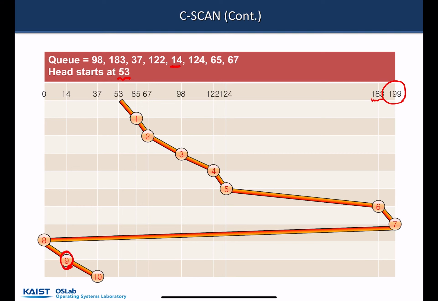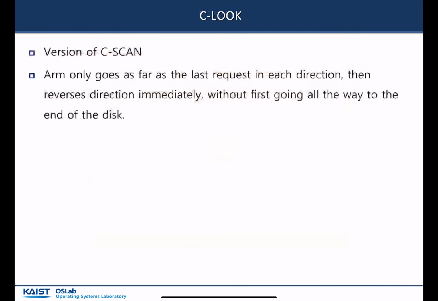However, the head goes all the way back to the beginning of the cylinder, which is not necessary. So to solve the problem, they came up with a variant of C-scan, which we call C-look. In C-look, the arm only goes as far as the last request in each direction, and then reverses direction immediately without first going all the way to the end of the disk. So that's C-look.